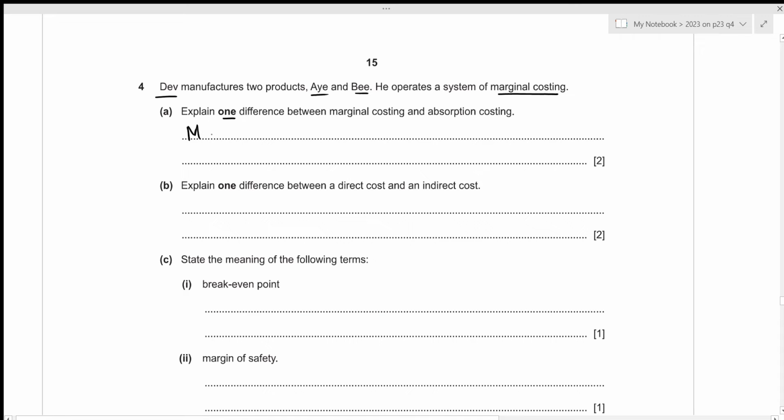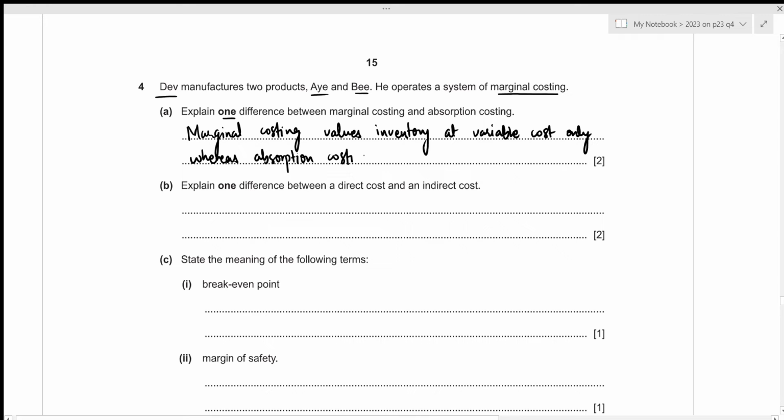Marginal costing values inventory at variable costs only, whereas absorption costing values inventory at full cost.